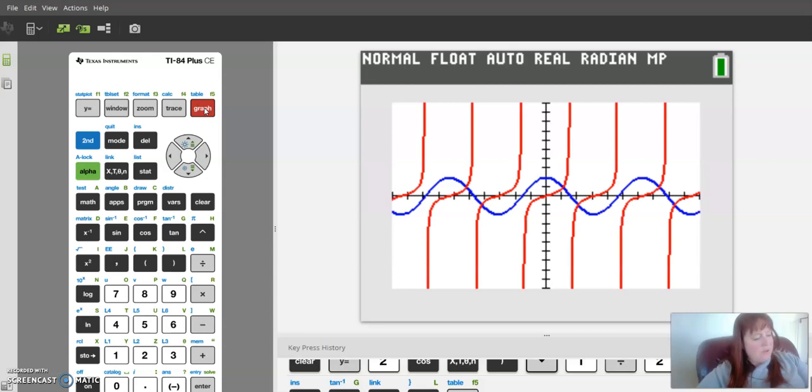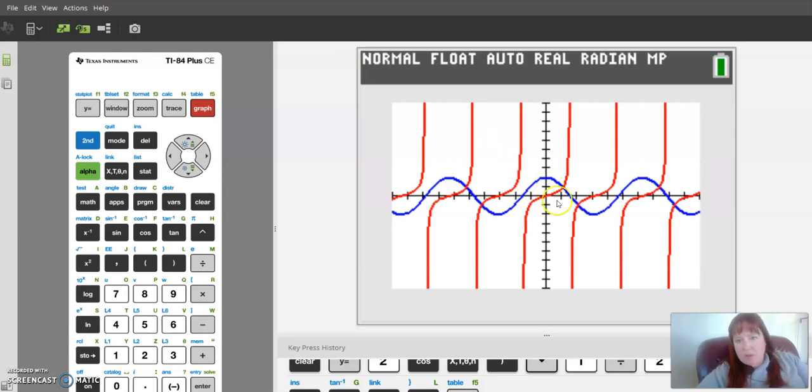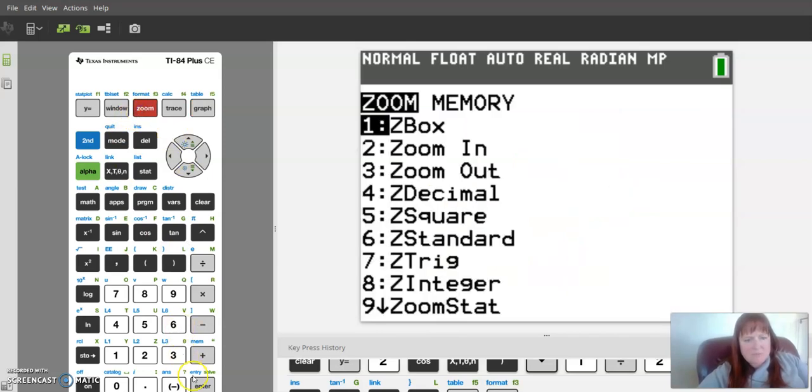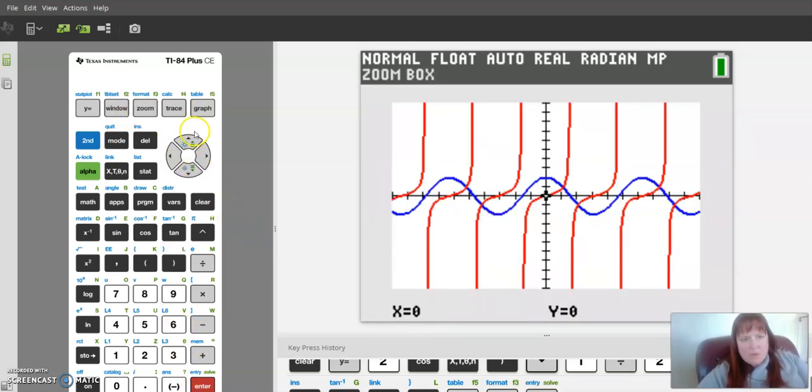Then we're going from x equals 0, so let's see if I can do a zoom box here. We're looking at the area of the curve bounded by x equals 0, so we do our little box zoom.